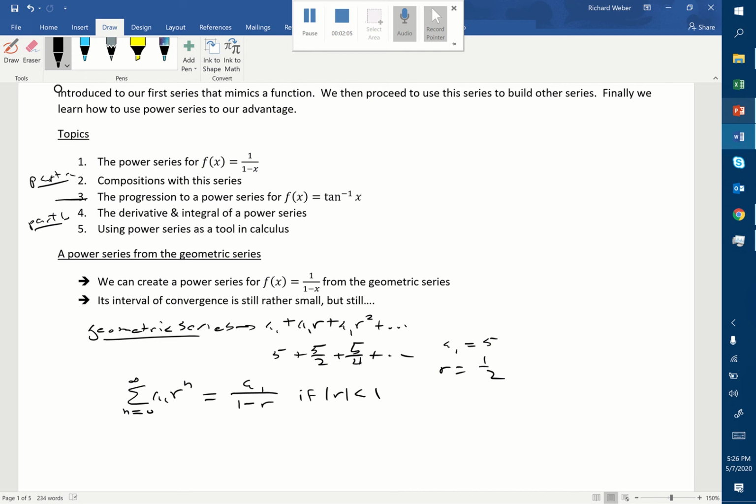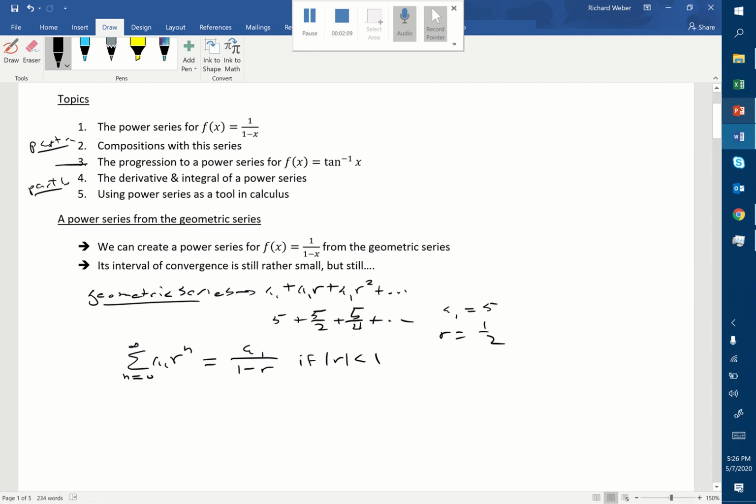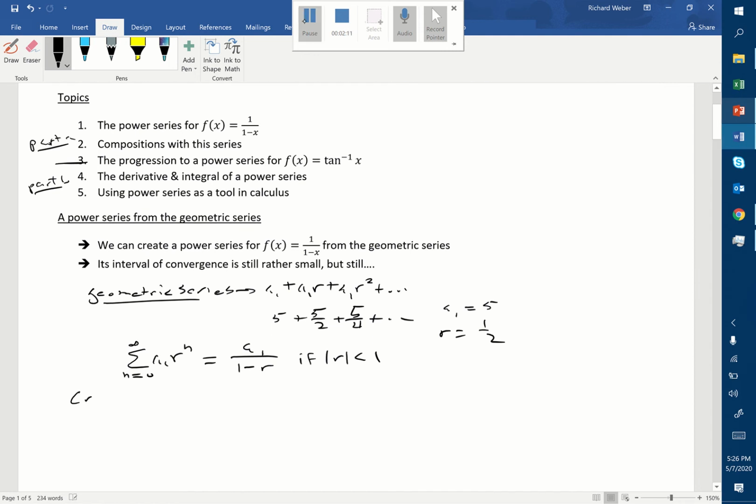Okay, so I'll do the same thing I did in the lecture. We create a series that is a power series from this information we know. That is to say, what if we let a1 be 1 and we replace r with some variable x? What happens?